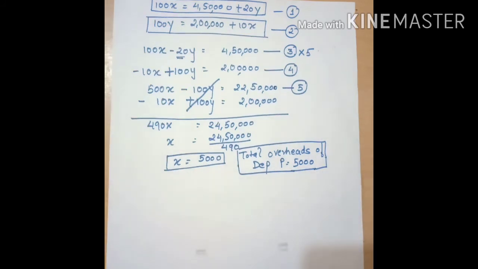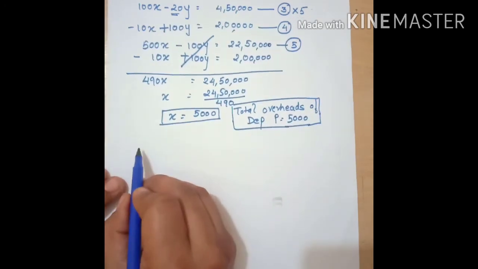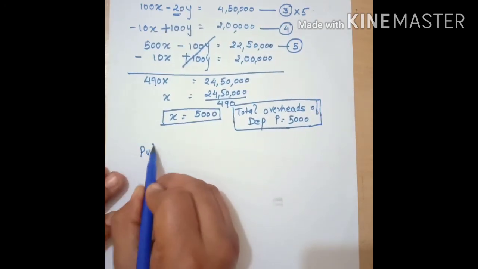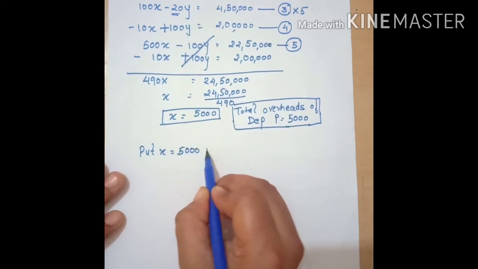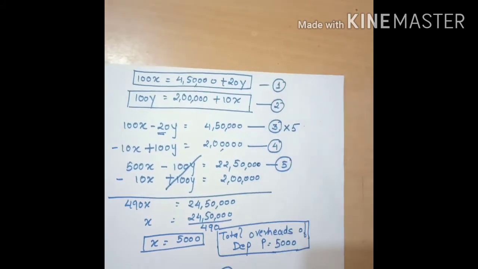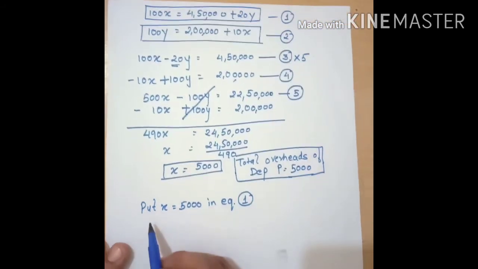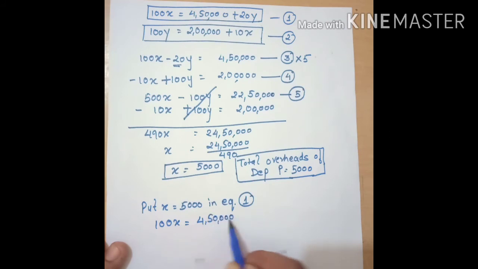Now we have to find out the value of Y. So what are we going to do? We are going to put X is equal to 5,000 in equation 1. So what is your equation 1? This is your equation 1. We will write here 100X is equal to 4,50,000 plus 20Y.